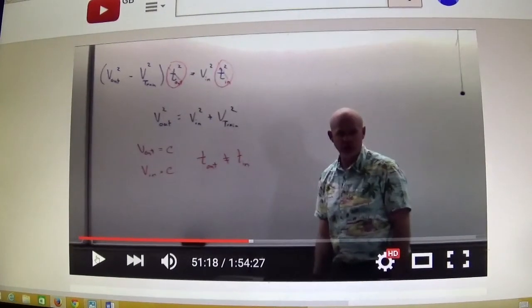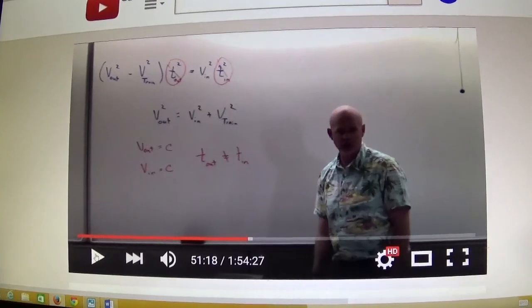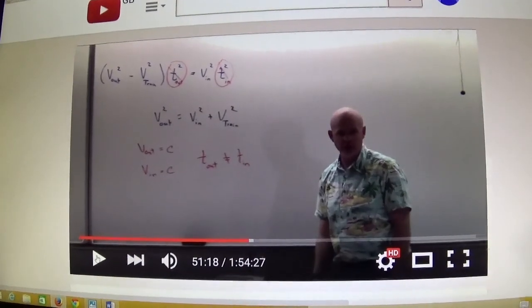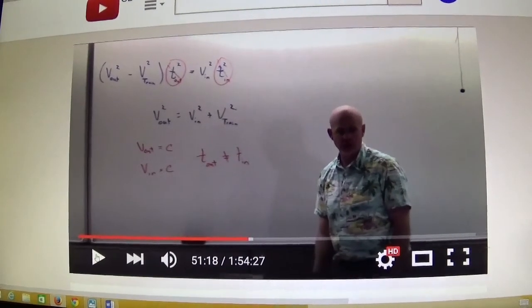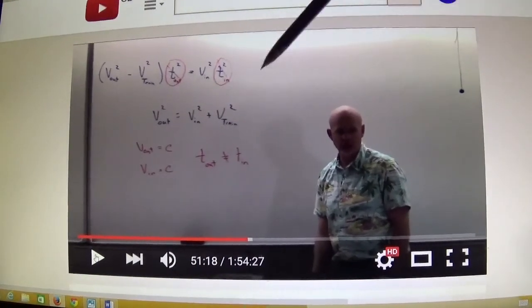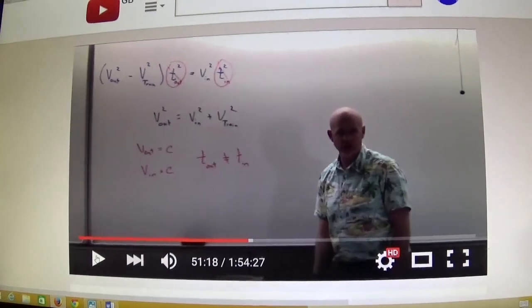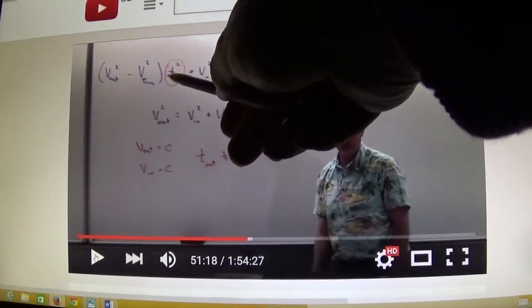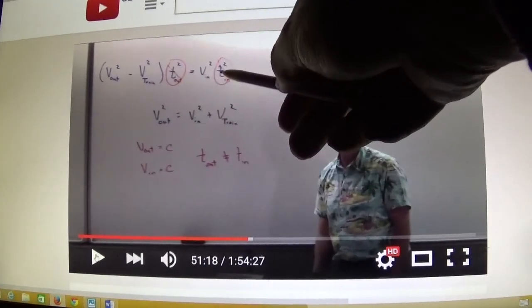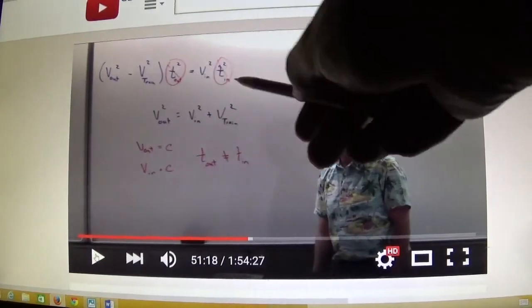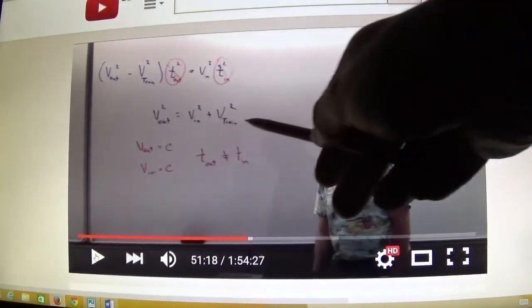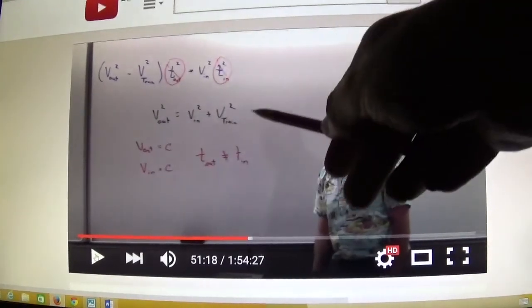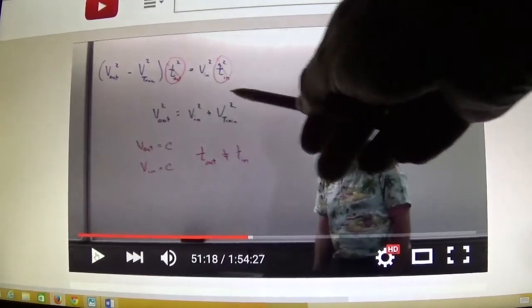So that's the connection, spelt out even more, the connection between Newton and Einstein. So basically from that equation, Newton would say T out is equal to T in. So you would be able to cancel that, and you would have the Pythagorean equation for the velocities as that.